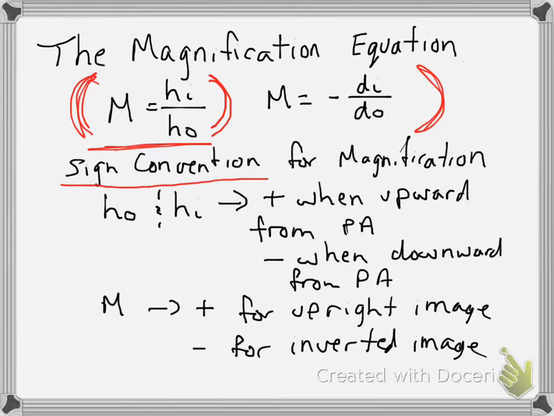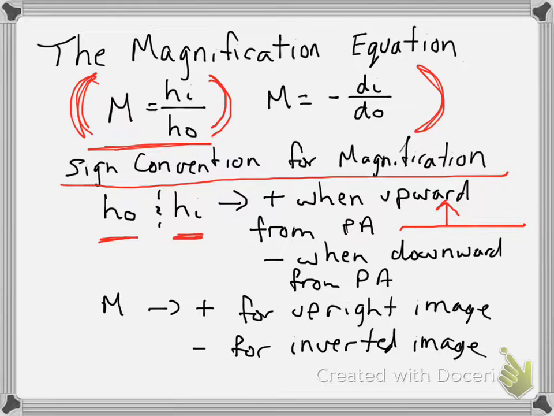Again, we have conventions for magnification. When the height of the object and the height of the image are upwards from the principal axis, they are positive. What that means is, if this is your principal axis, your image is in an upright direction.